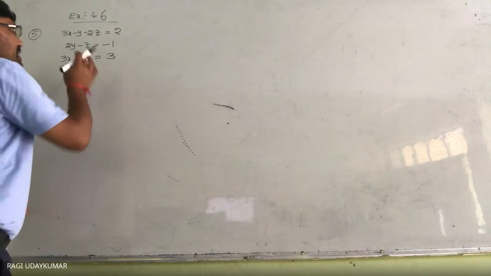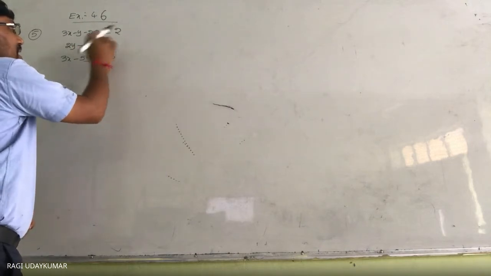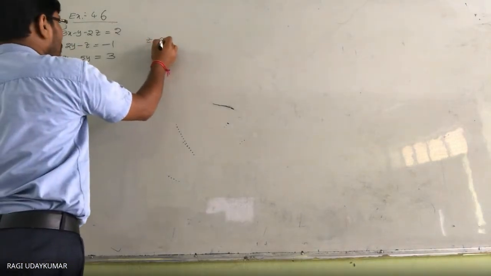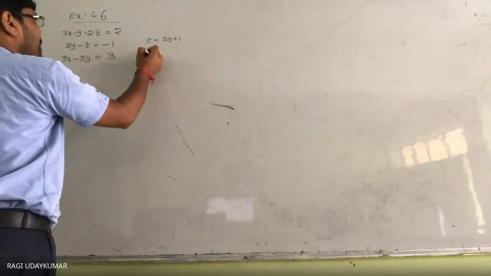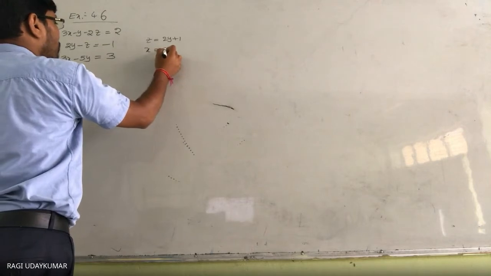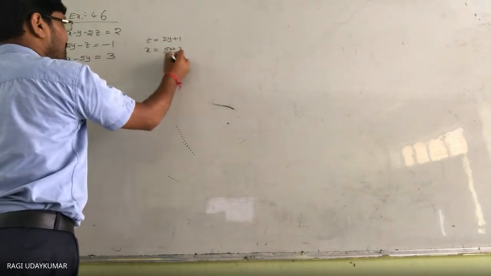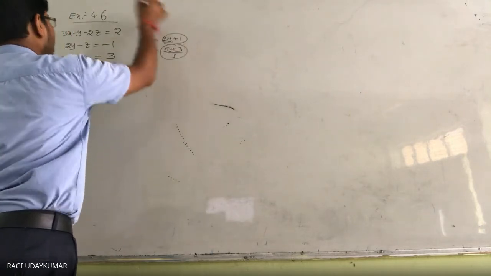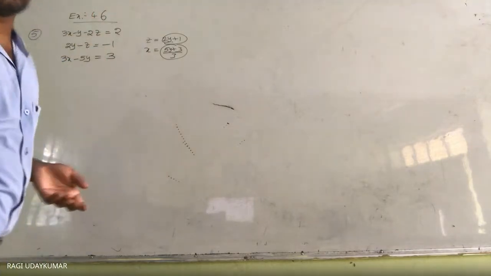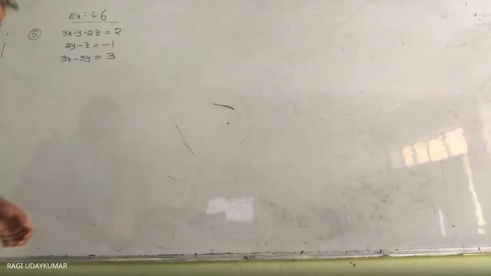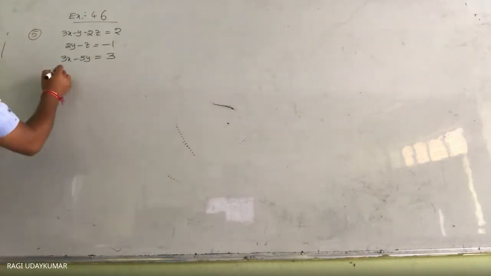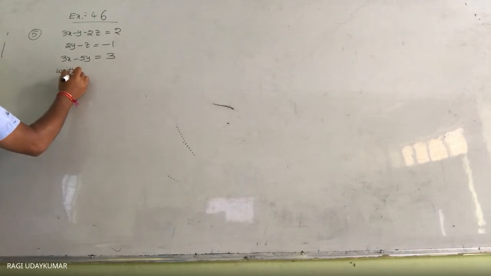Everything can be expressed in terms of y. Here z can be expressed as z is equal to 2y plus 1, and x is equal to (5y plus 3) by 3. These two values you take and substitute in this. This is the general method, you know that. But how do we do it with matrices? That is important here. Writing these equations in matrix form.